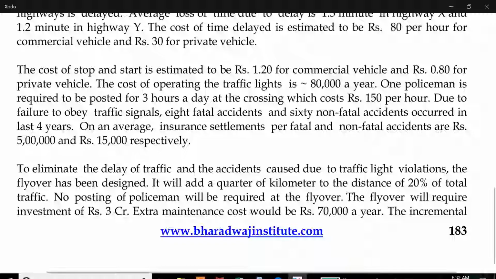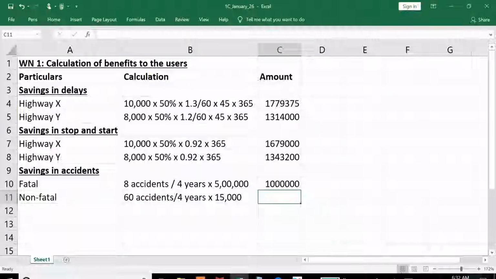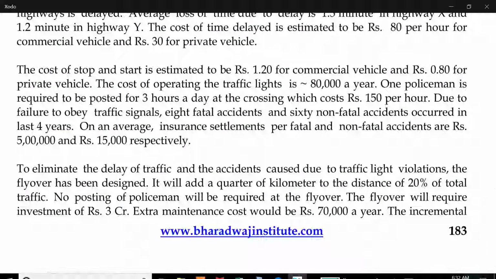When it comes to non-fatal, 60 accidents divided by 4 years into 15,000.